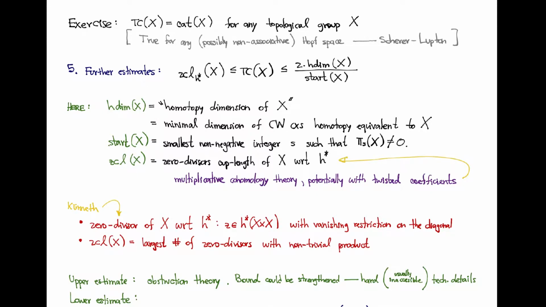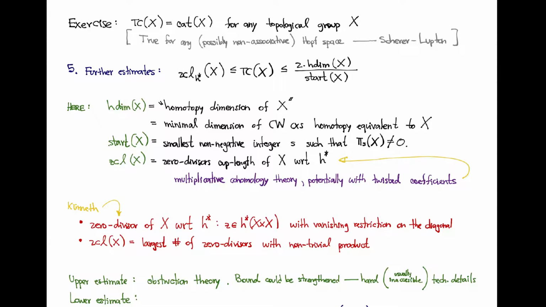A slightly more interesting way of estimating this invariant is in terms of cohomological information as well as homotopical information. On the right hand side I have the upper bound, which is twice the homotopy dimension of X divided by 1 plus the connectivity of the space. So what is hdim of X?